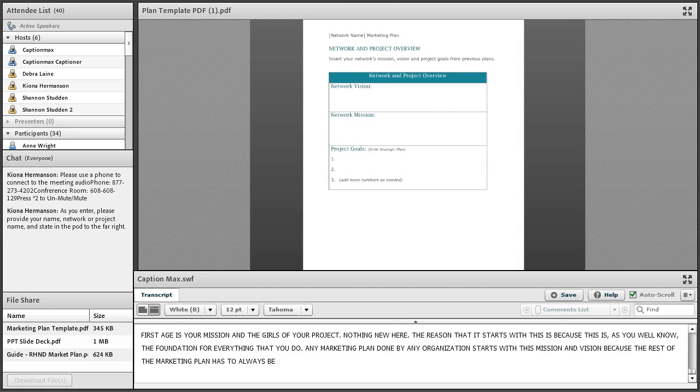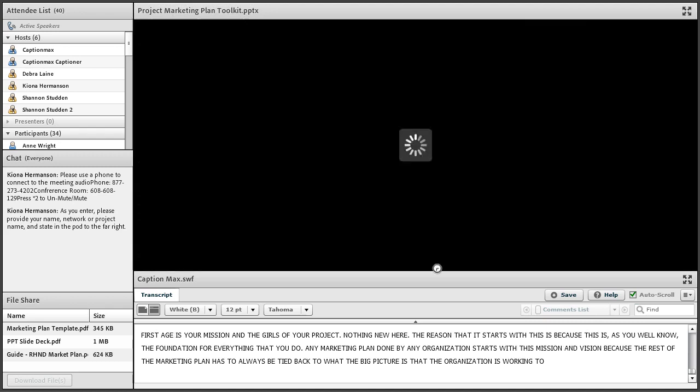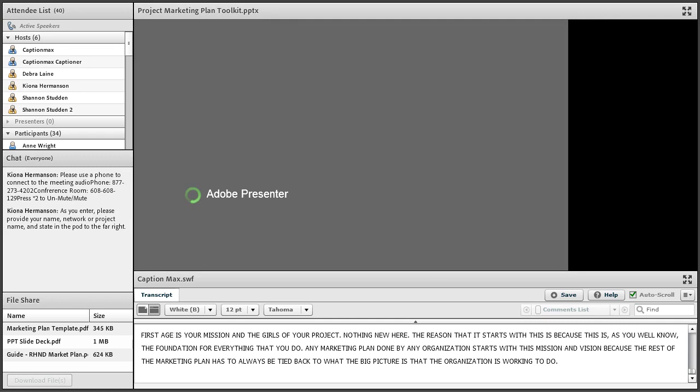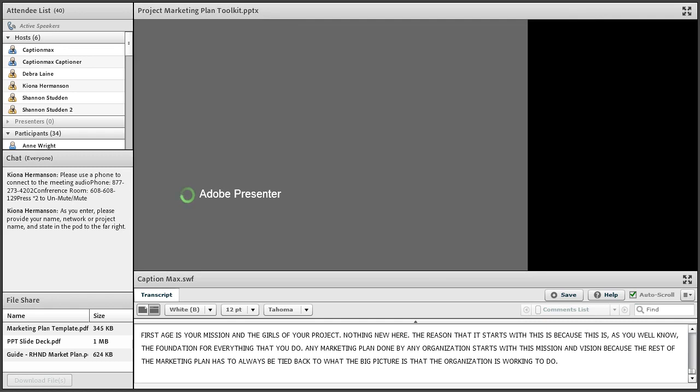Nothing new here. The reason that it starts with this is because this is, as you well know, the foundation for everything that you do. So any marketing plan done by any organization starts with its mission and vision, because the rest of the marketing plan has to always be tied back to what the big picture is that the organization is working to do.